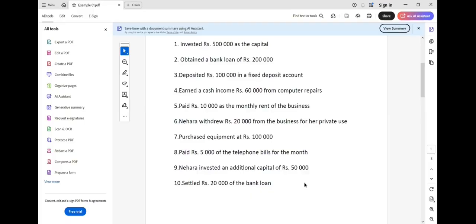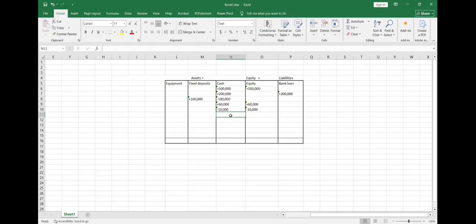The sixth one: Nehara withdrew 20,000 rupees from the business for her private use. Now here we use a special name for this. What is that name? Drawings. We called it drawings. Now she takes cash out of the drawers. So it should be minus 20,000 here because of the drawing. Because of the drawings, equity amount decreased by 20,000.